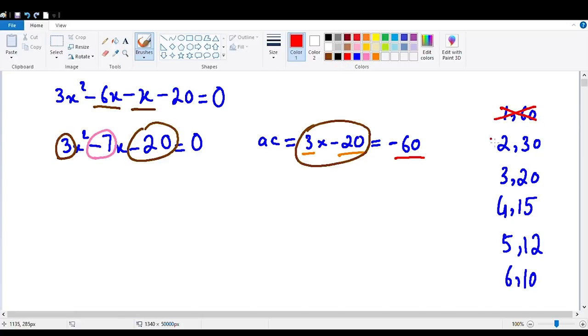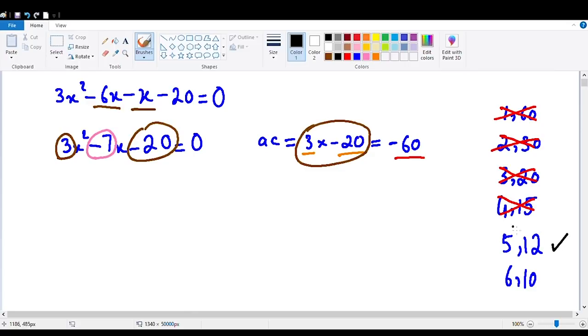So that's not an option. 2 minus 30 will be minus 28, and 30 minus 2 will be 28, so that's not an option either. 3 minus 20 will be minus 17, and 20 minus 3 will be 17, so that's not an option either. 4 minus 15 will be minus 11, and 15 minus 4 will be 11, so that's also not an option. Now 5 minus 12 is minus 7, so that's the one that we're looking for.